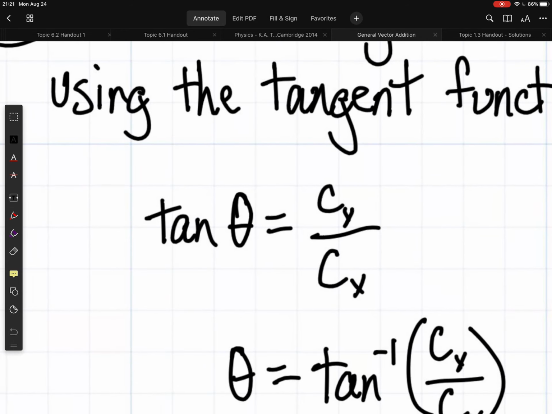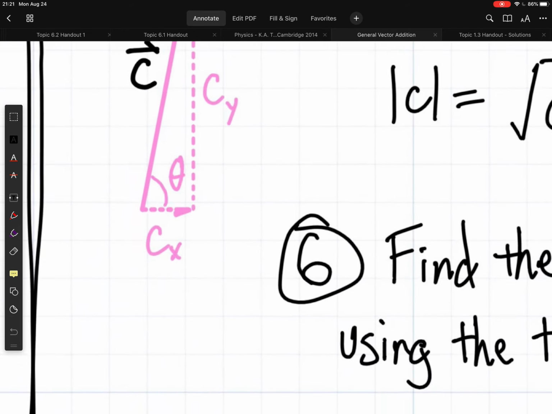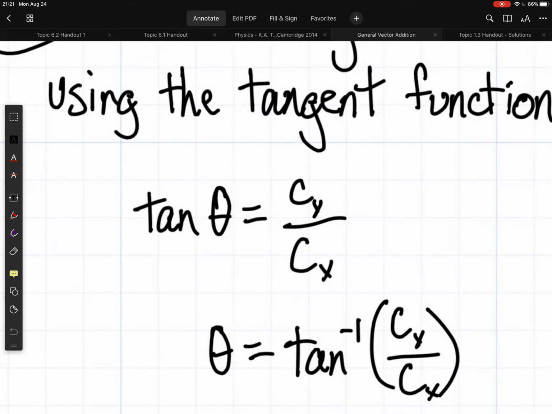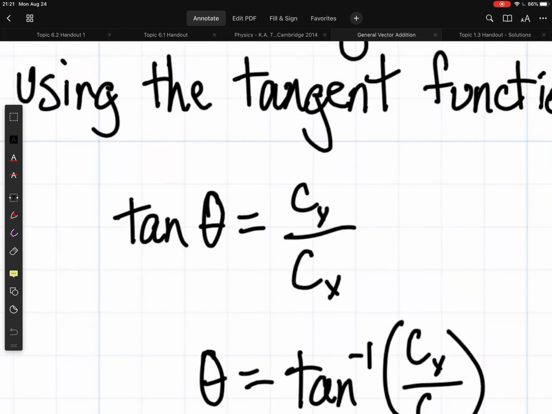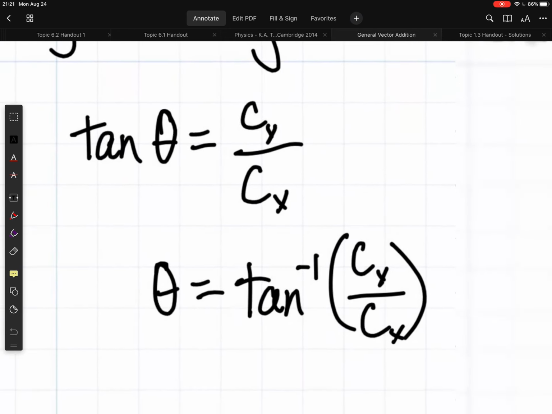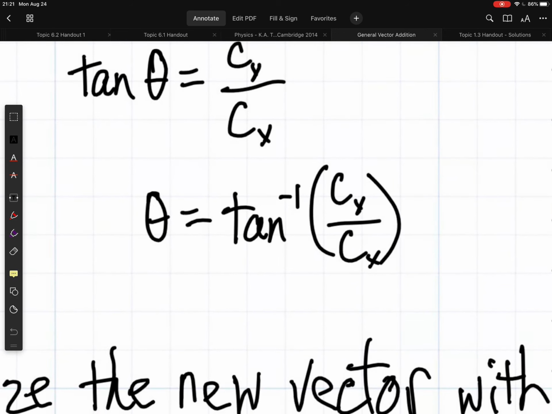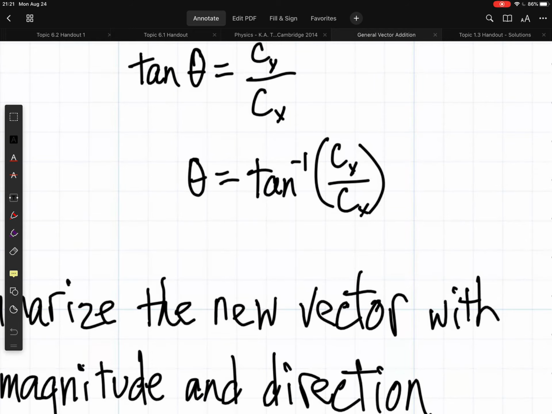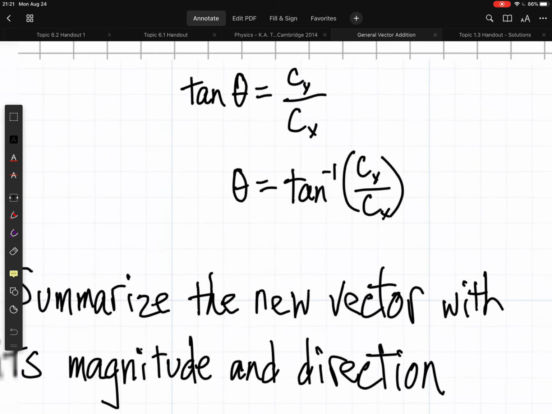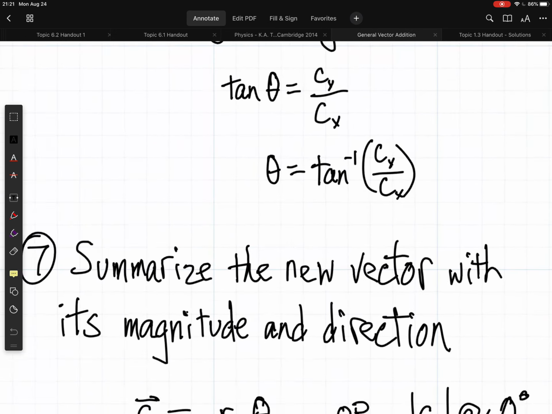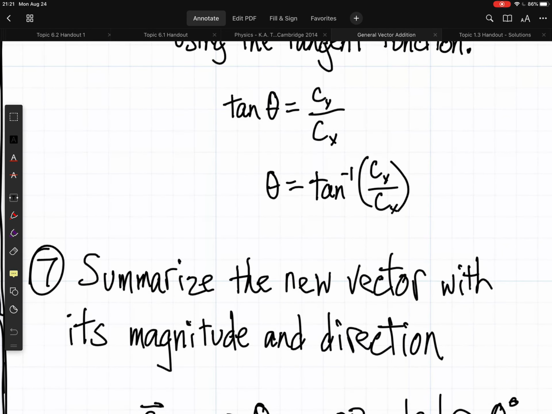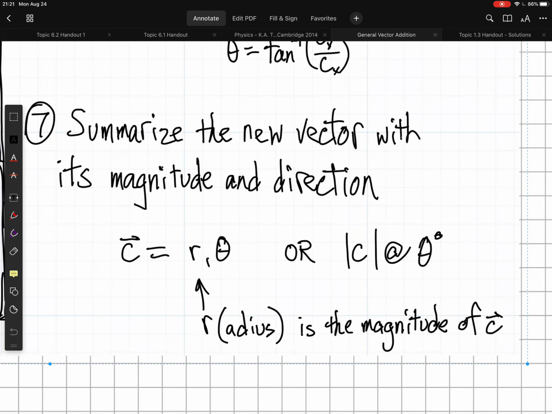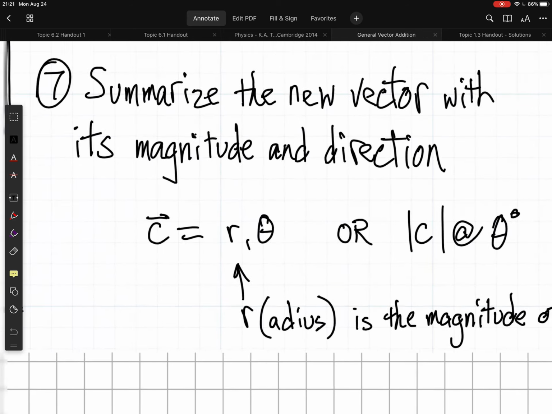We take the tangent of theta, the angle that we identified for vector C, the direction, and we divide our vertical component by our horizontal component, and we then use the arctangent function, which you will find in your scientific calculator, and I expect you will need, as most of us have not memorized arctangent tables. Finally, we will summarize a new vector with a magnitude and direction.